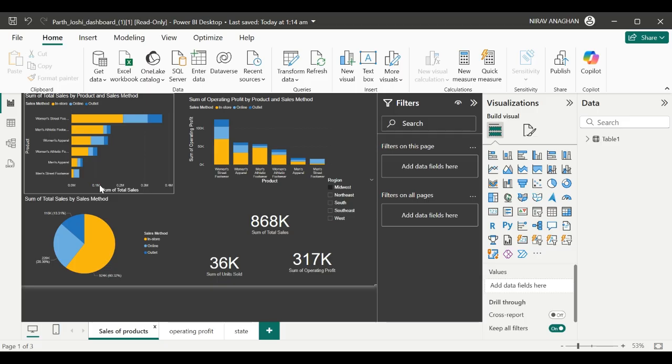Men's street footwear and men's apparel are not selling much, so the company should try to increase the sales of men's products. So thank you, that was my time.